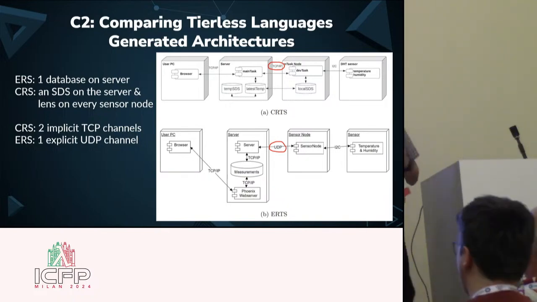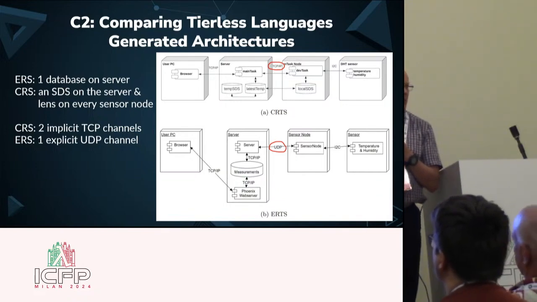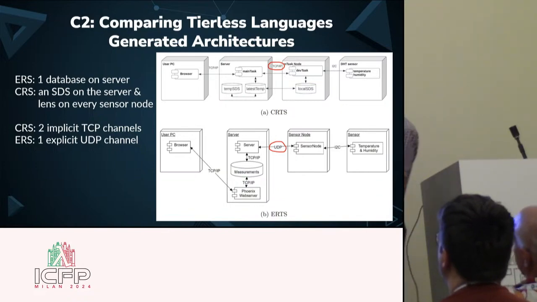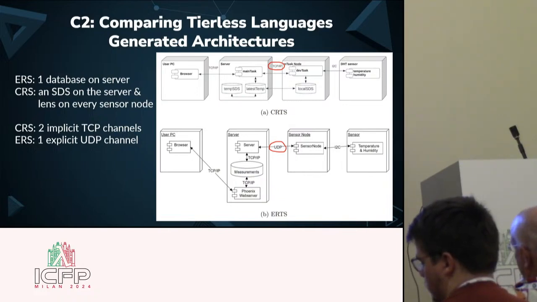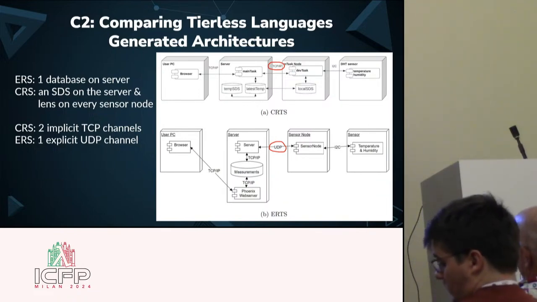Sir? The flow of truth is from the local SDS to the... Correct. Information is flowing from the sensors. The sensors perceive the world, provide information. Oh, by the way, I2C is a completely standard IoT protocol, and all of the protocols, there's several different protocols used here, are completely standard.